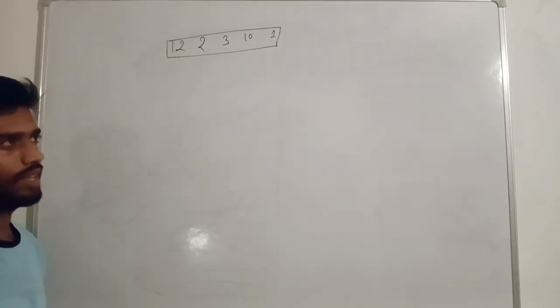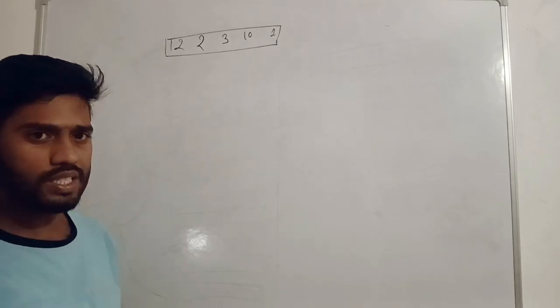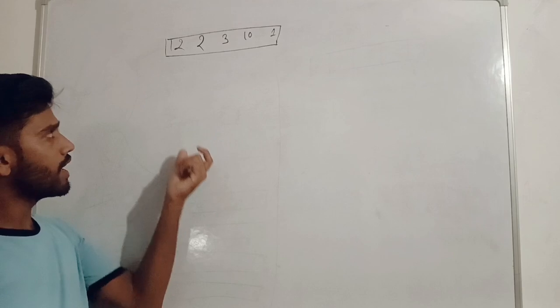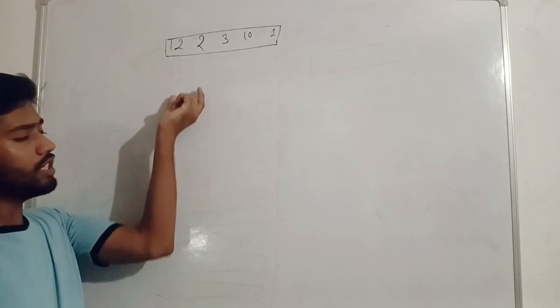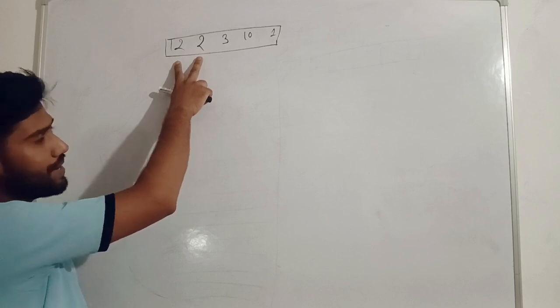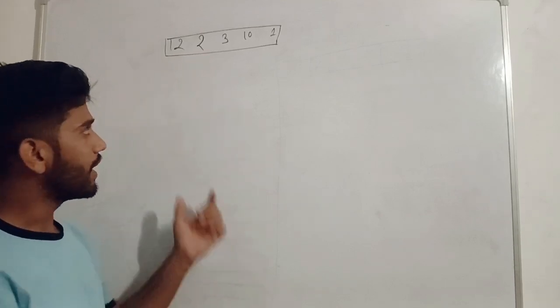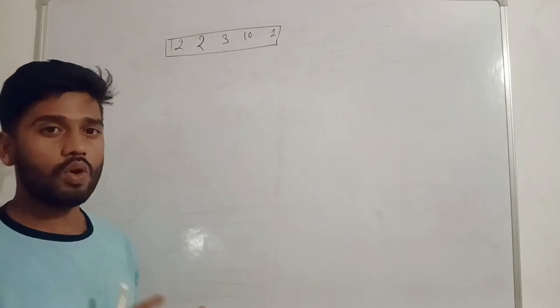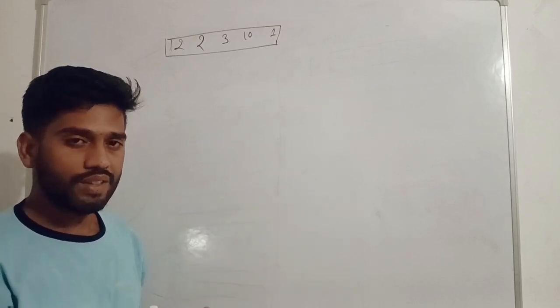In the bubble sort approach, in each iteration, check the two adjacent elements. If they are in the right order, then go ahead. If they are in the wrong positions, then swap them.